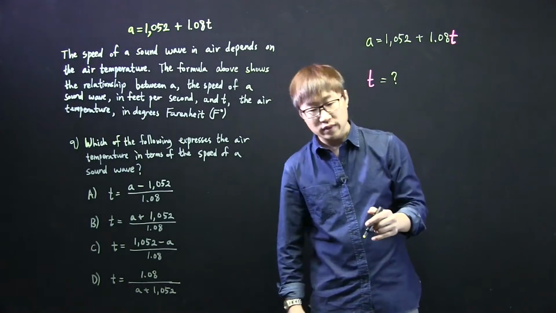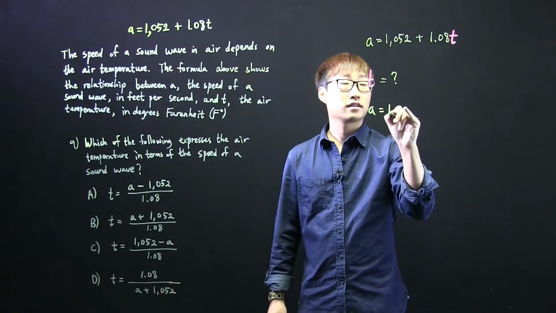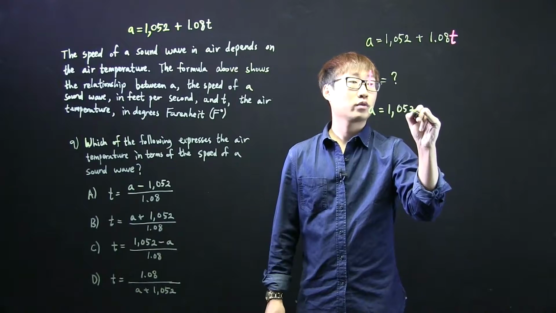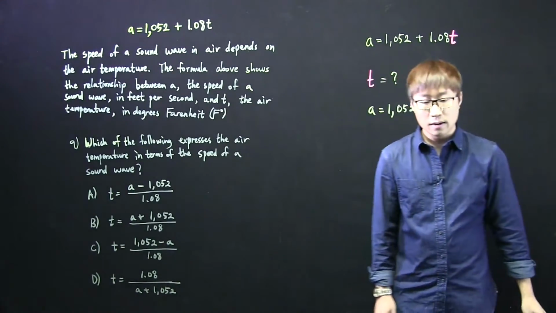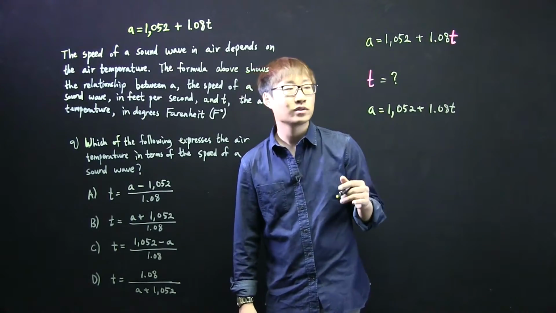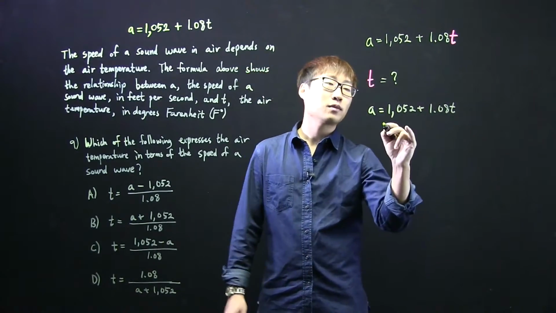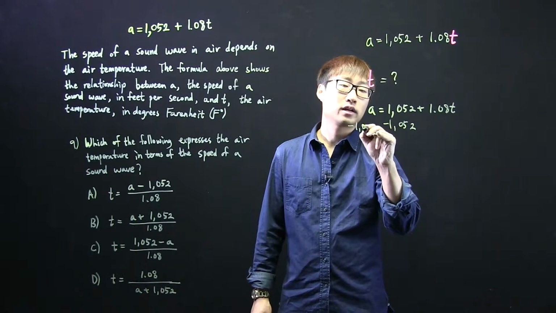So pretty much we're moving things around, right? So with the original equation, I'm going to move some things around to try to leave the T alone. The very first step would be subtracting the 1052 on both sides, right?